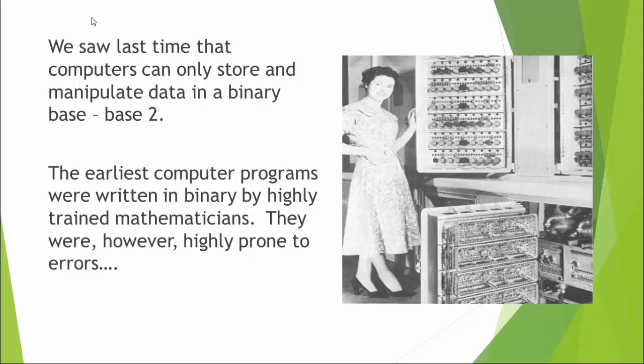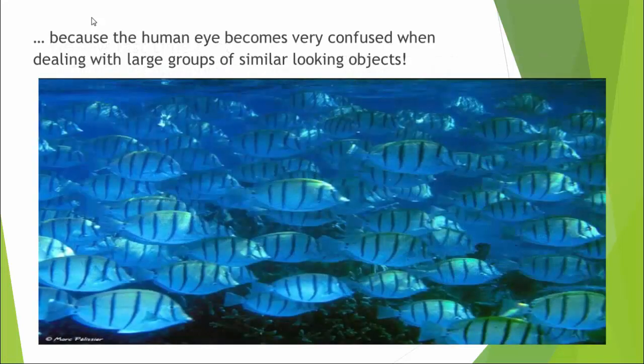But these skilled individuals made lots and lots of mistakes. And the reason why is a phenomenon called confusion camouflage. The human eye becomes confused when it looks at large groups of similar looking objects. So when confronted with lots of zeros and ones, mistakes happen.